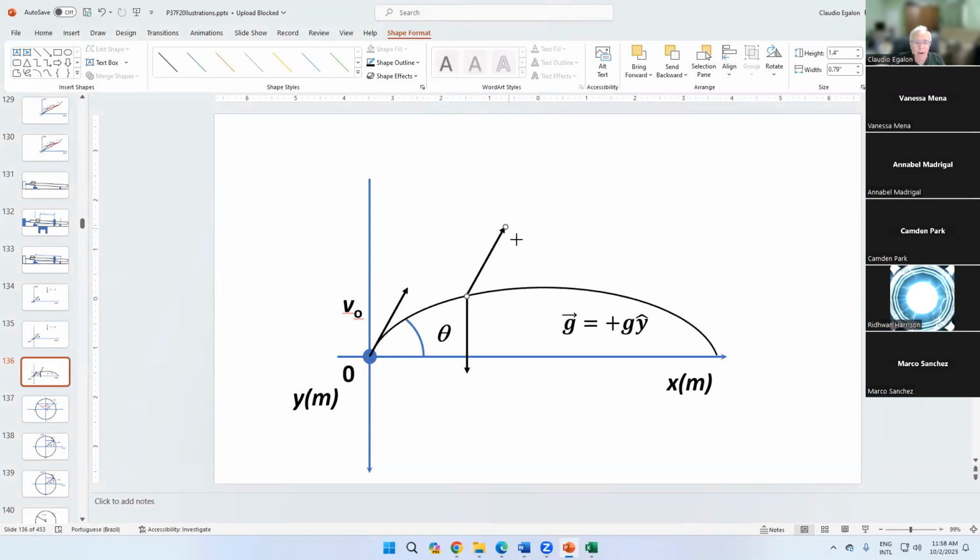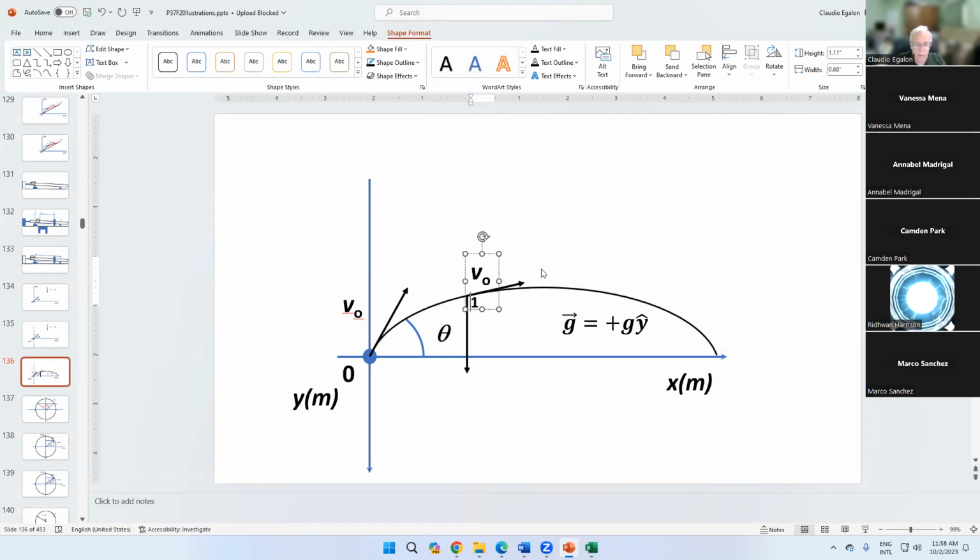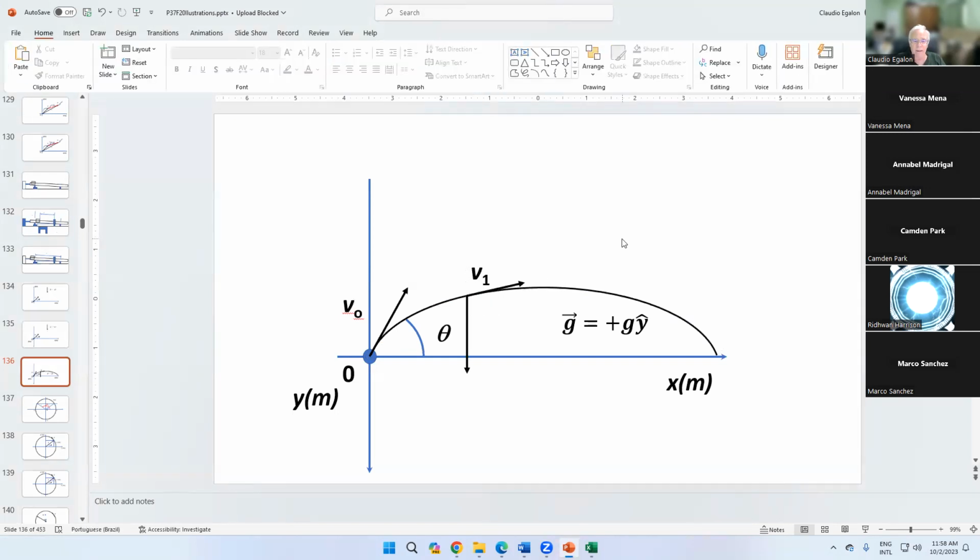We have a velocity vector here that I'll call not V0, but V1. Because this acceleration vector has a tangential component that goes against the velocity vector, it means that this velocity vector is decreasing in magnitude.